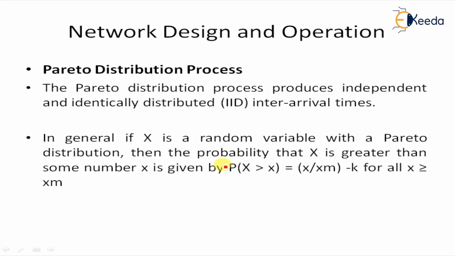The Pareto distribution process produces independent and identically distributed (IID) inter-arrival times. Generally, if X is a random variable in a process with a Pareto distribution, then the probability that X is greater than some number x is given by the following expression, where capital X is a random variable and small x is some number.